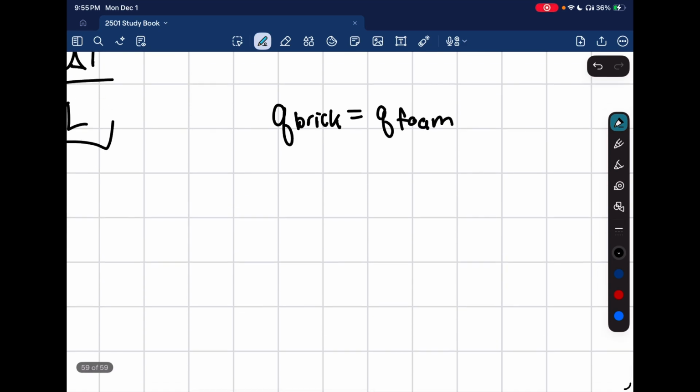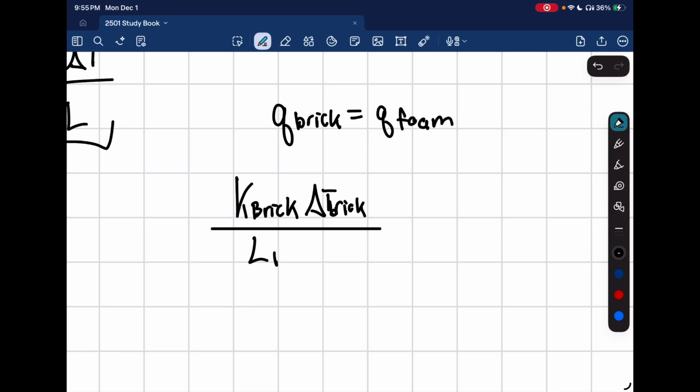Thus, we can sub in our equation, which is K brick times delta T of brick over the thickness of the brick equals K of foam times delta T of foam over the thickness of foam.